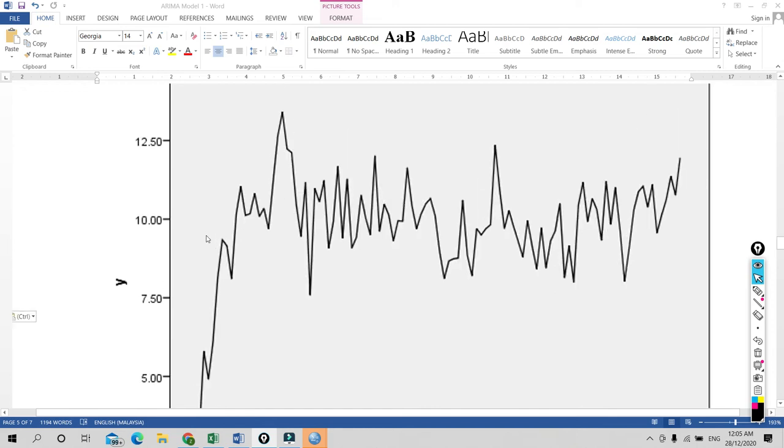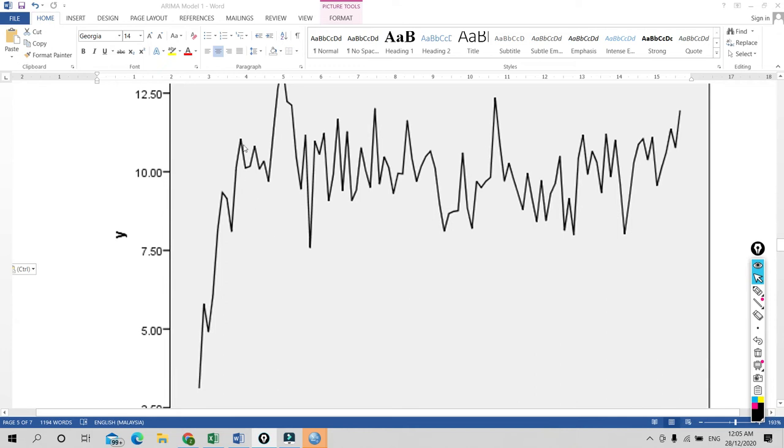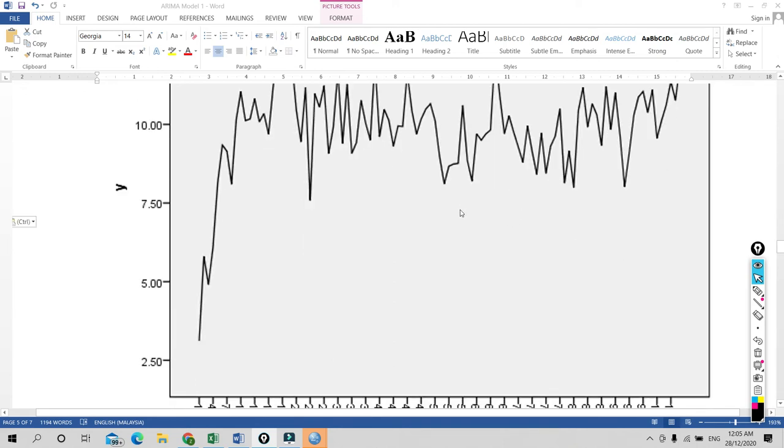This graph looks stationary except for this part. Because we assumed that there is a trend just now, we did the differencing. But what if we do not do it? What happens?